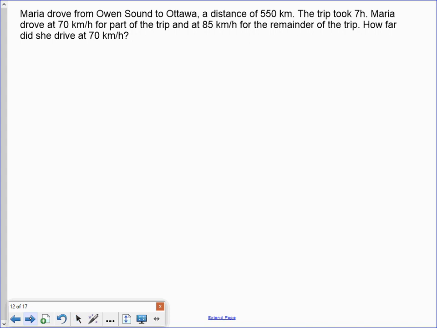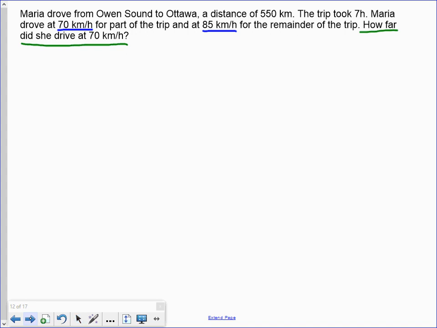So what is the question asking us again? How far did she drive at 70 kilometers per hour? That is what we want to find out at the end. And just like the last question, they've split the drive into two parts. We've got a part at 70 kilometers per hour and a part at 85 kilometers per hour. So we can see how we're going to organize this by setting up the table, just like in the last one.